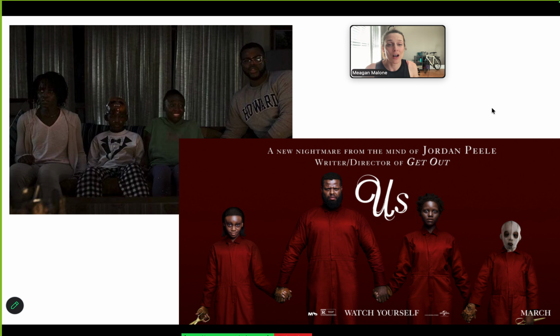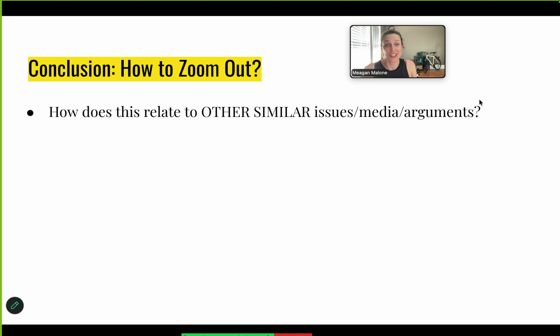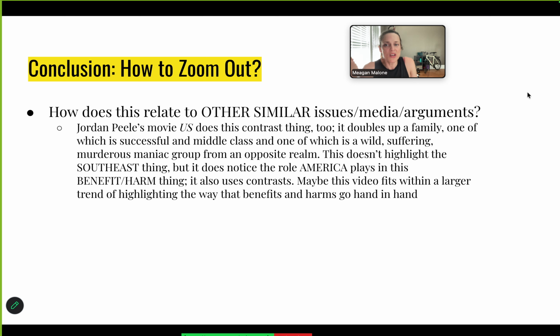And so I wrote, you could write a conclusion that talks about how it relates to other media. You might say, Jordan Peele's movie Us does this contrast thing too. It doubles up a family, one of which is successful and middle class, and one of which is a wild, suffering, murderous maniac group from an opposite realm. This doesn't highlight the Southeast thing, but it does notice the role America plays in the benefit-harm thing.